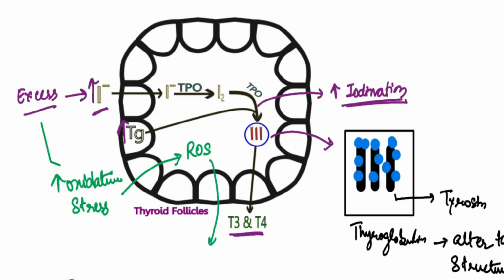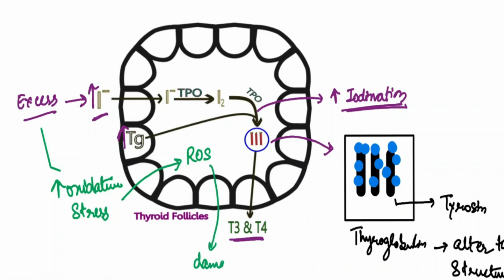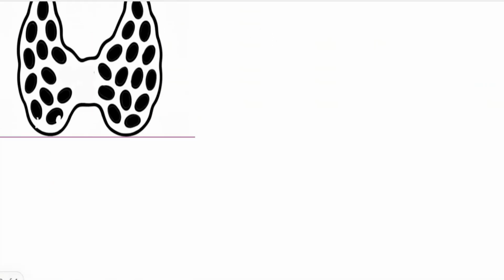These reactive oxygen species damage the thyroid cells from inside, and these damaged cells release internal proteins like thyroid peroxidase and altered thyroglobulin into the circulation. Normally the immune system does not see these proteins, but now it does. The immune cells think these exposed thyroid proteins are invaders.